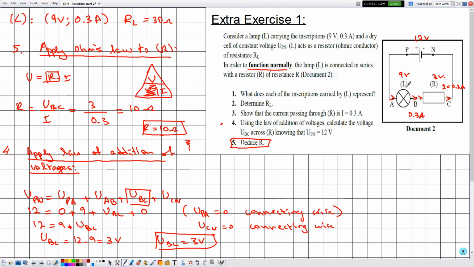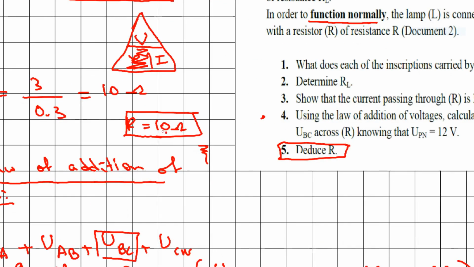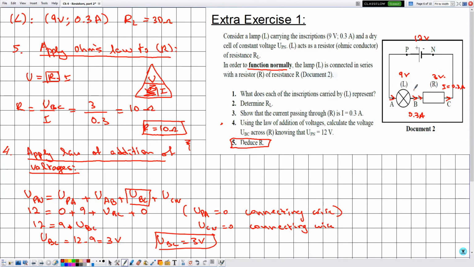However, in order for the lamp L to function normally, we can simply bring a resistor, and each resistor is characterized by its resistance. So we bring a resistor of resistance R equal to 10 ohms, and we connect it in series with the battery, in series with the lamp, then connect it back to the battery. This will make the lamp L function normally, instead of going and replacing this battery by another one of 9 volts.